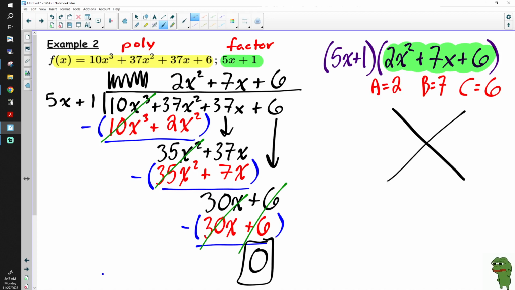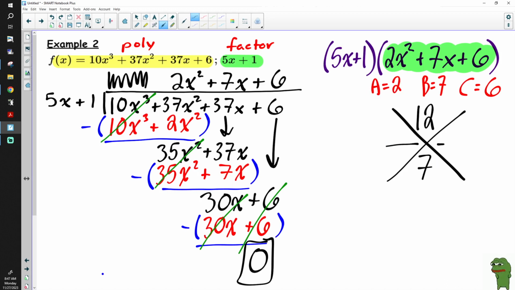A times C is right on top. So A times C on top is 12. B on the bottom. 7.